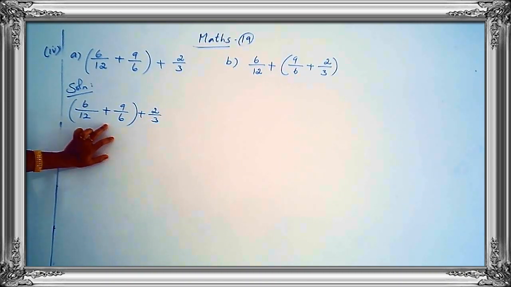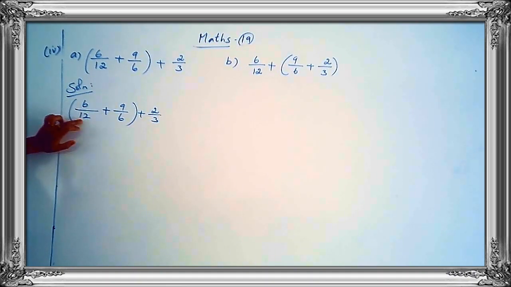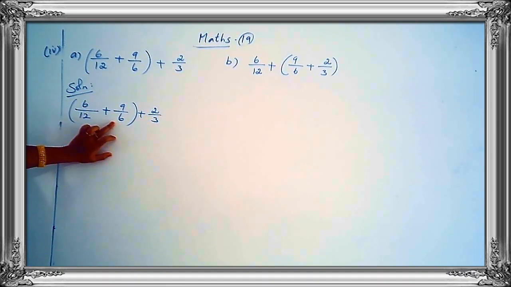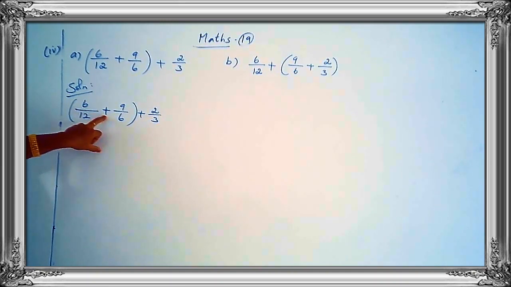Now you see that number 6 upon 12 plus 9 upon 6. Here operation is addition, but you see the denominators are different. Yes children, in addition, if denominators are the same, that is easy. How? We add only the numerators.